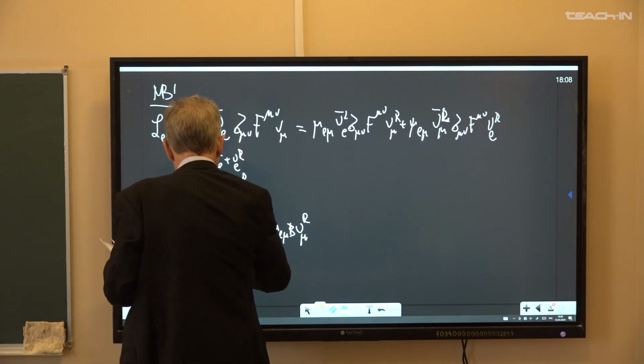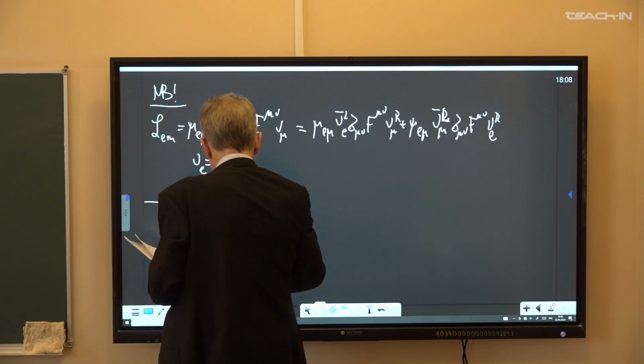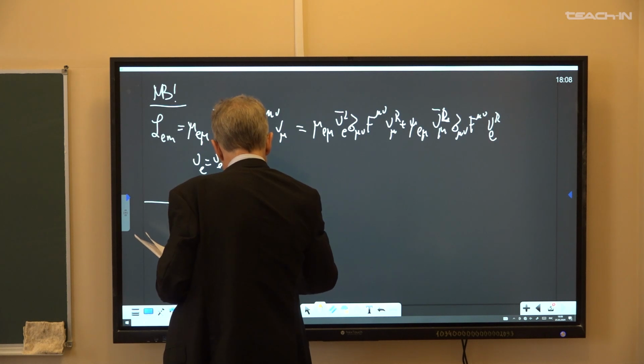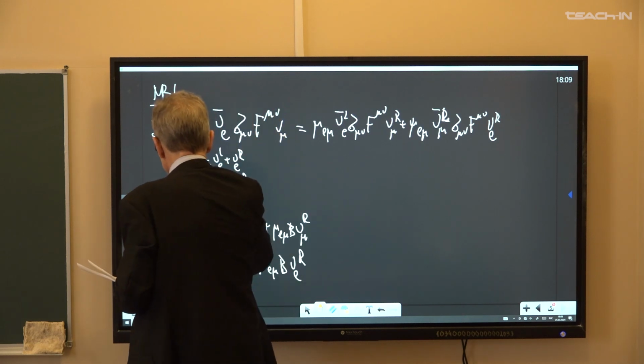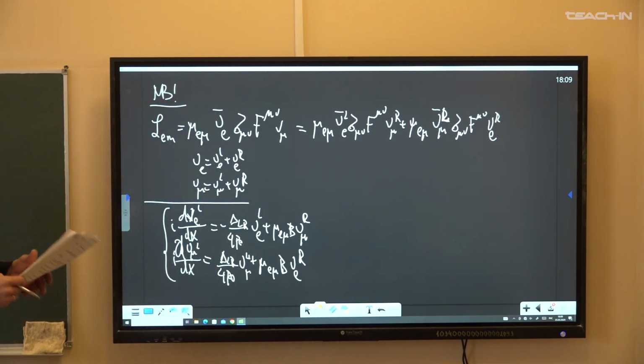This is delta LR divided by 4 energy, neutrino muon left plus magnetic moment, the field strength, neutrino electron right. These two equations are just straightforward from this Lagrangian.